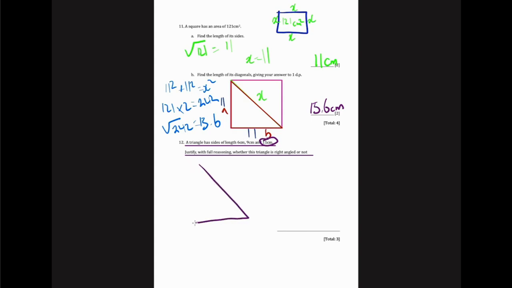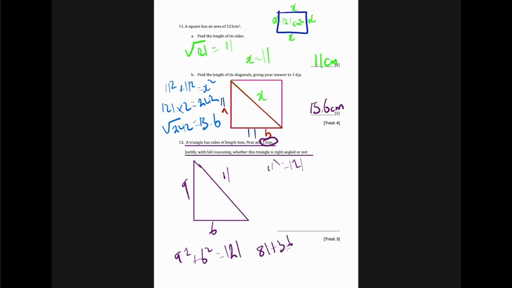So I'll draw a right angled triangle and put this as 11, 9, and 6. So 9 squared plus 6 squared has to equal 11 squared, which we already know equals 121. So 81 plus 36 equals 117.